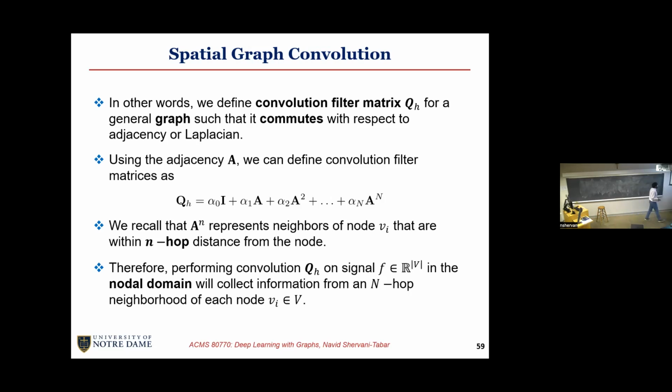So if I apply this operation on that function, the output is gathering information from different hop distances of that particular node for every node in that graph. And that's the way this operation QH, this convolution, is updating my input signal F, and it's returning some output signal, which is essentially supposed to be, for instance, the output of our filtering, right?